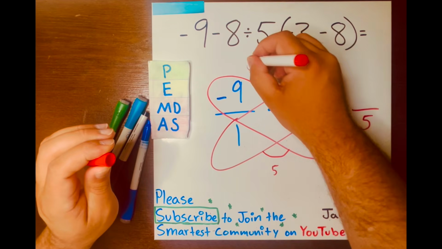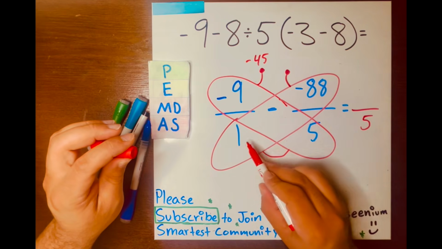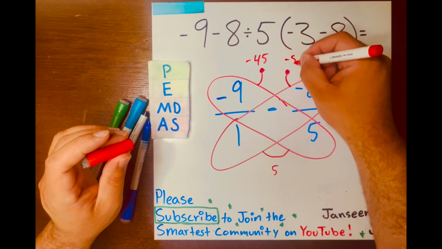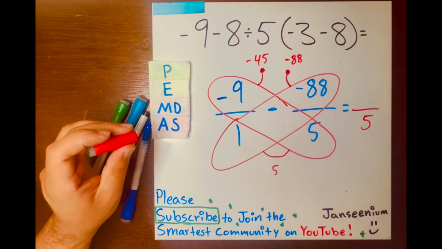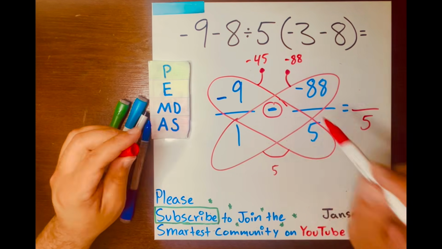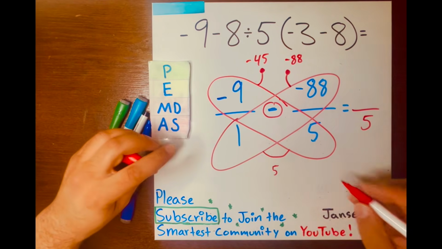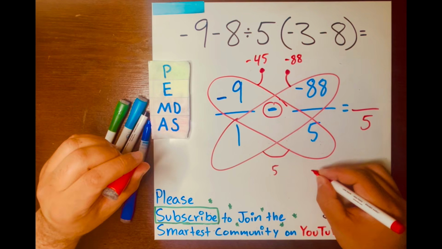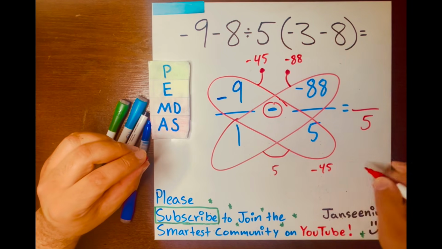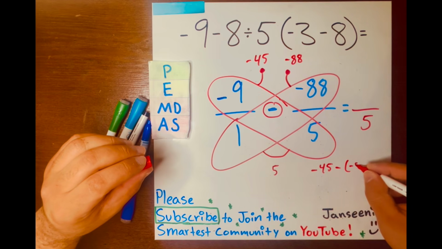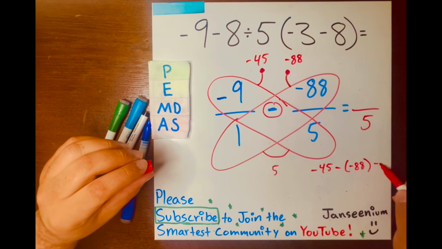And next, we multiply 1 times negative 88, and that's negative 88. And now we subtract: negative 45 minus, in parentheses, negative 88 equals.